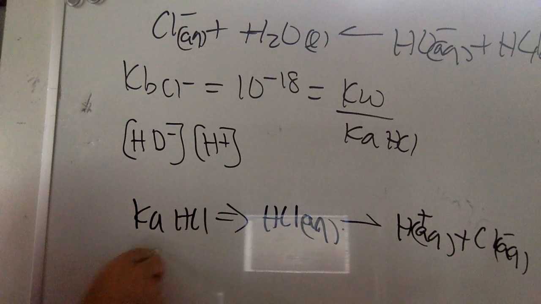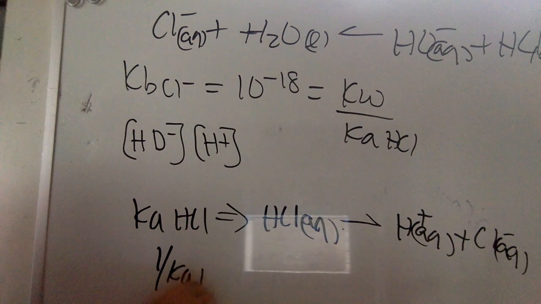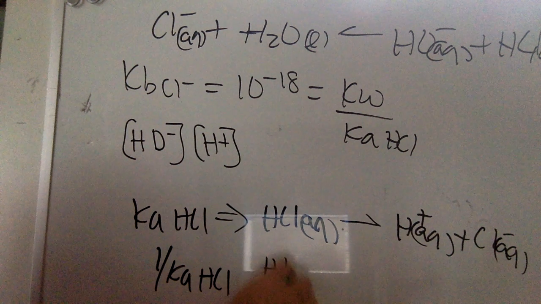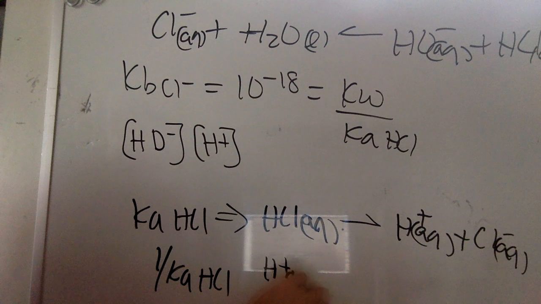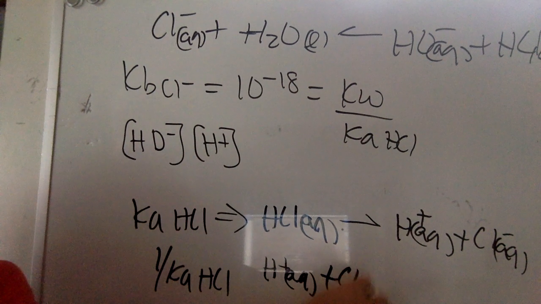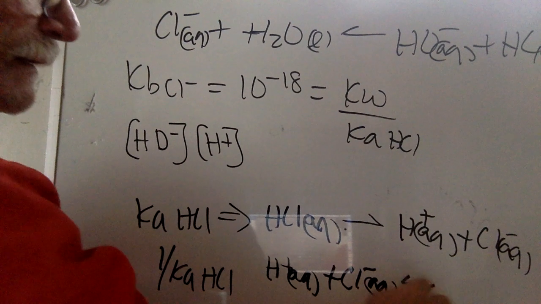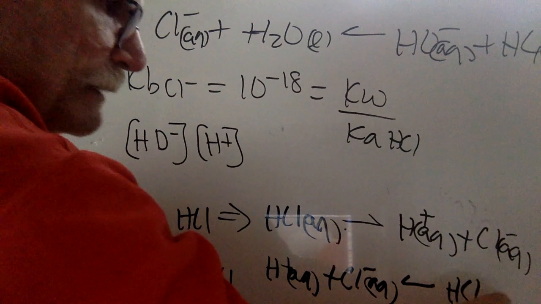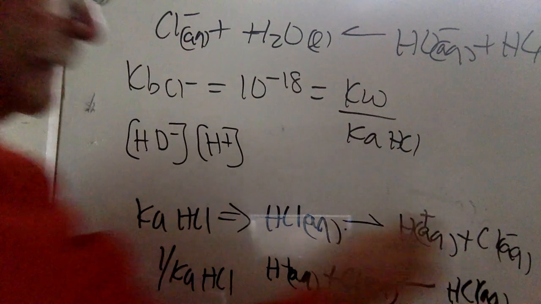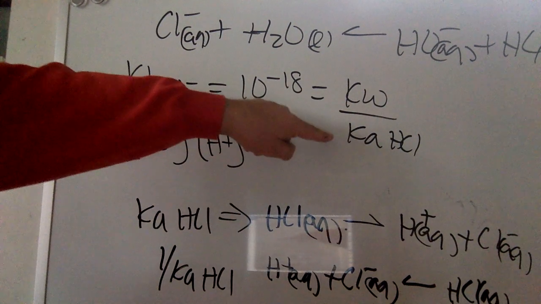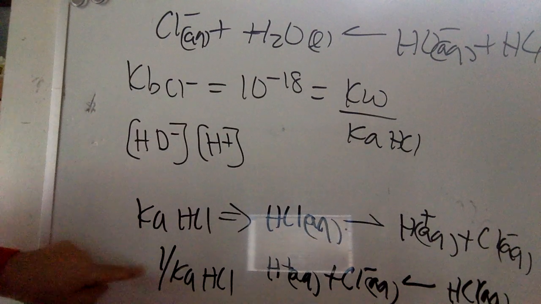So if you look at the reverse, or the reciprocal, we would have 1 over the Ka, which then we're looking at hydrogen ion, aqueous, plus chloride ion, aqueous, giving us our HCl, aqueous. So if we look at products over reactants, relating it back to the reciprocal here, we're using this guy.